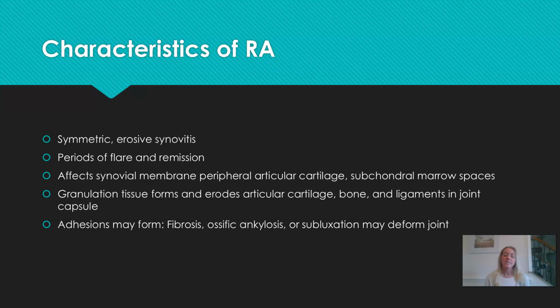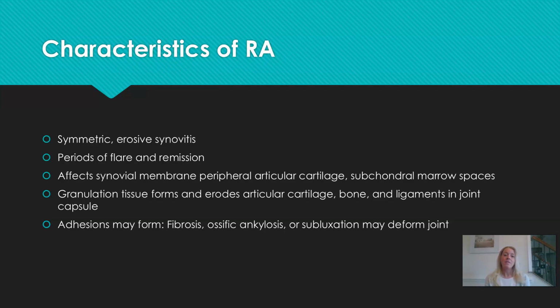So some of the characteristics, again, it's usually symmetric. Osteoarthritis is often not. It's usually more on one side versus the other, but RA tends to be more symmetrical. There is erosive synovitis. So again, RA, because of the autoimmune disorder, it does attack the synovium of the joint, and it becomes flared up and painful.